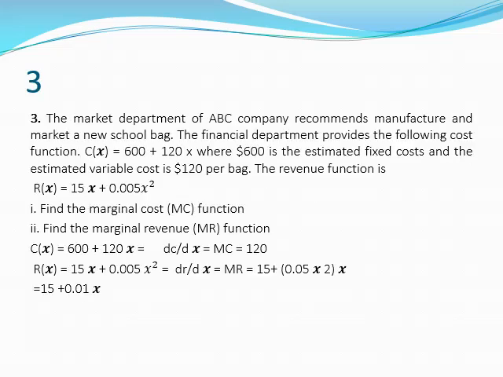The marketing department of ABC company recommends manufacturing and marketing a new school bag. The financial department provides the following cost function: C(x) equals 6000 plus 120x, where 6000 is the estimated fixed cost and the estimated variable cost is 120 per bag.